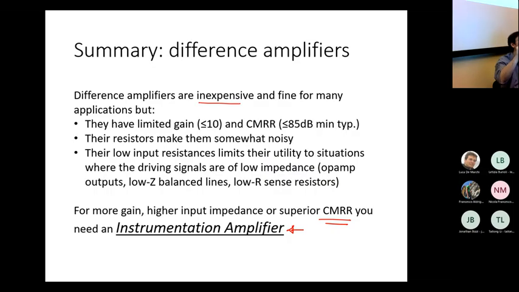Whenever you have a very weak signal to be amplified and you want to be extremely accurate, what you do typically is to find a differential configuration, so that rather than measuring one single voltage, you measure a difference between two voltages. And then you use the instrumentation amplifier to have high common mode rejection ratio, high input impedances, and an easier way to tune the gain of the global circuit.